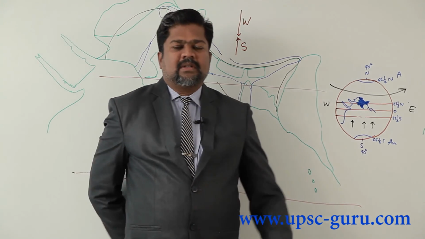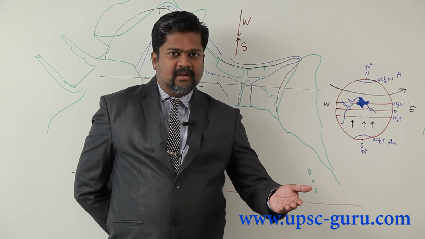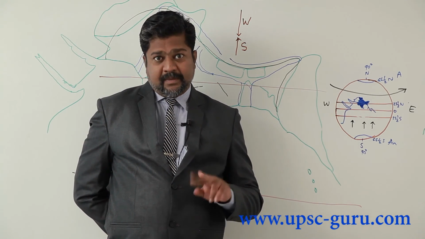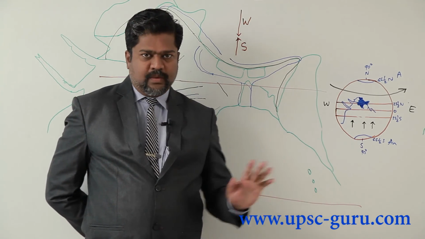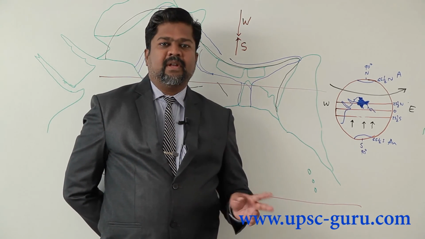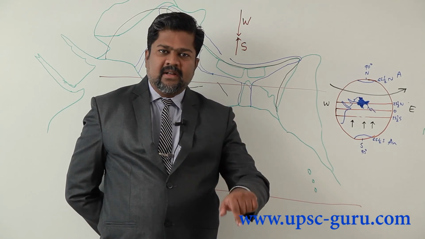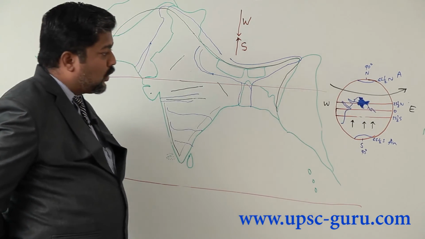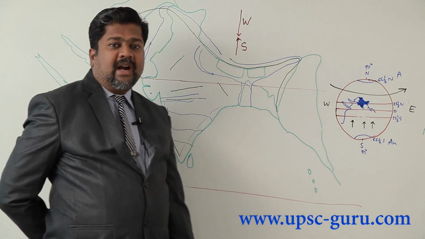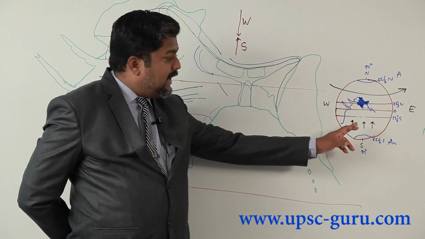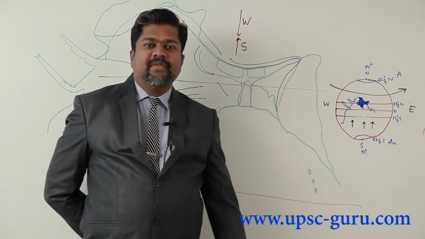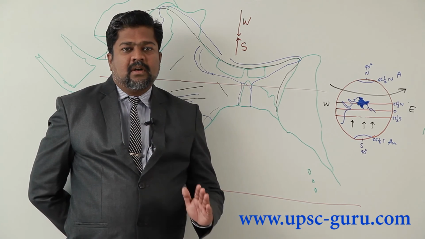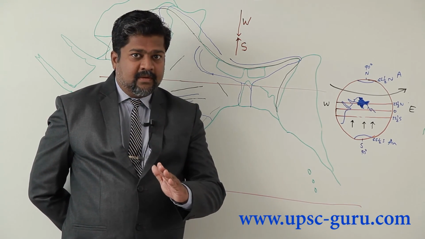So the rotational motion of Earth is in this direction, from west to east. What is the evidence? The sun rises in the east and sets in the west. That means Earth is moving from west to east. Therefore we have the feeling that the sun is rising in the east and setting in the west. Because of this rotational motion, while crossing the equator, these winds start moving in an eastward direction.